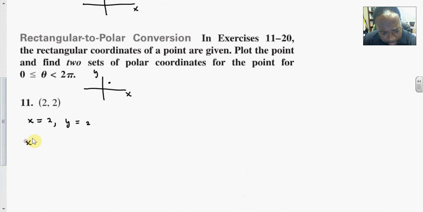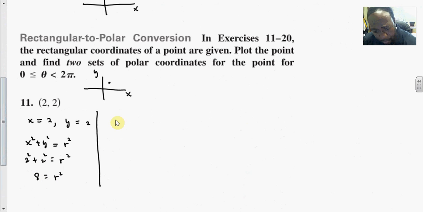So we know that x squared plus y squared is equal to r squared. So we get 2 squared plus 2 squared is equal to r squared. This gives us 4 plus 4 is 8 is equal to r squared. So r is equal to 2 times the square root of 2.